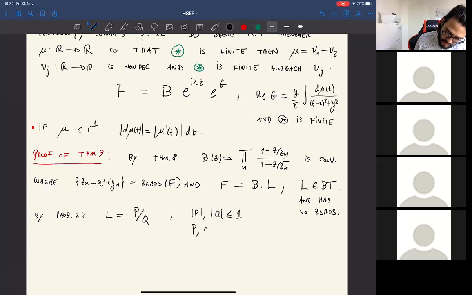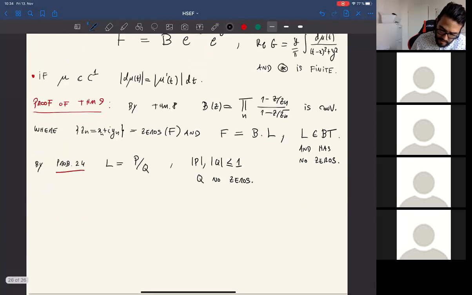This actually holds for every L. It doesn't need to have no zeros. For any function of bounded type, you can write it like this. This is problem 24. The tricky part of showing problem 24 is removing the zeros of Q. But in any case, since Q has no zeros, then P has no zeros because L has no zeros.